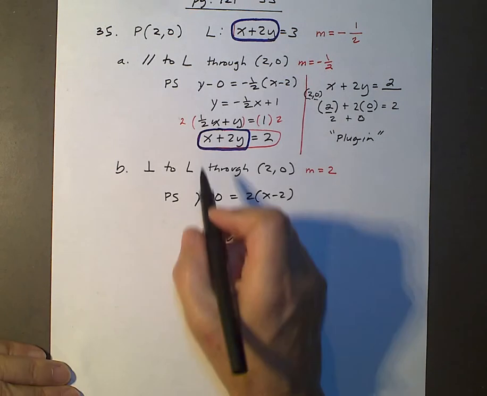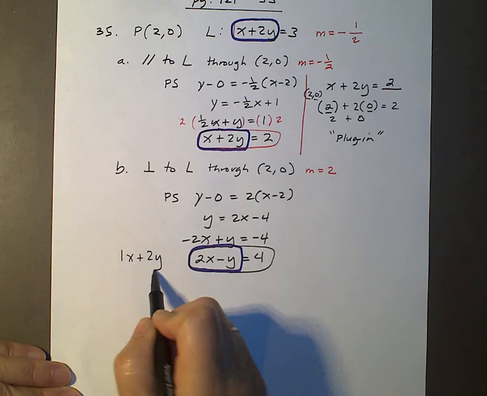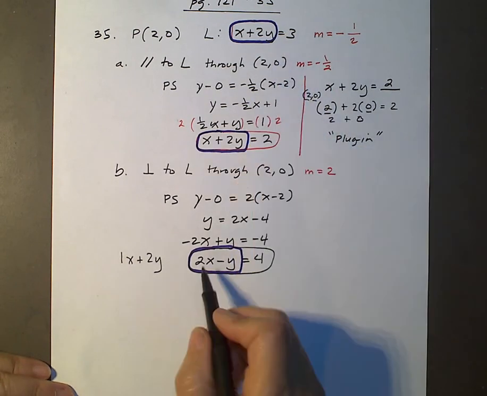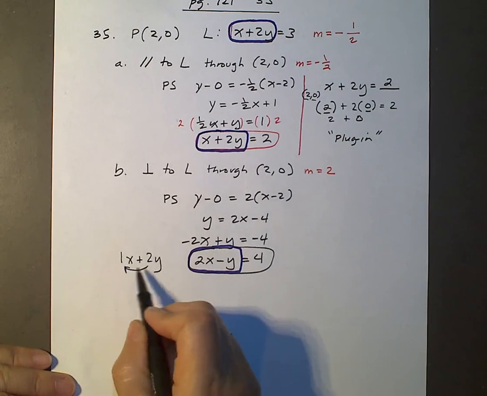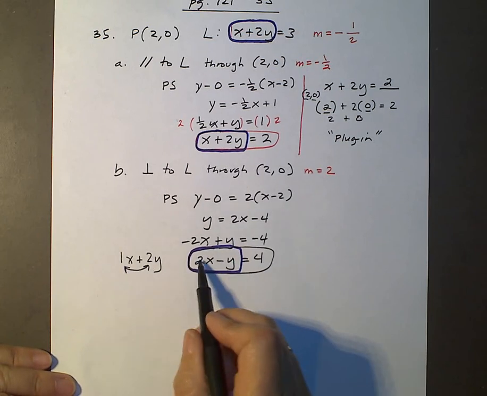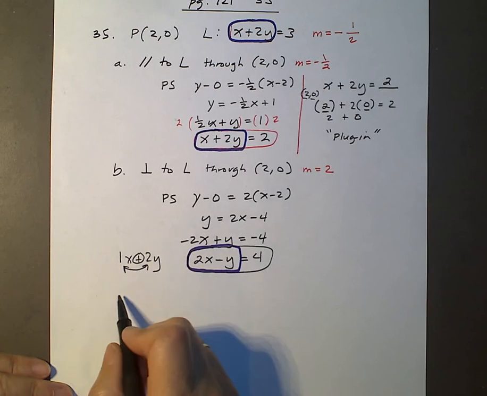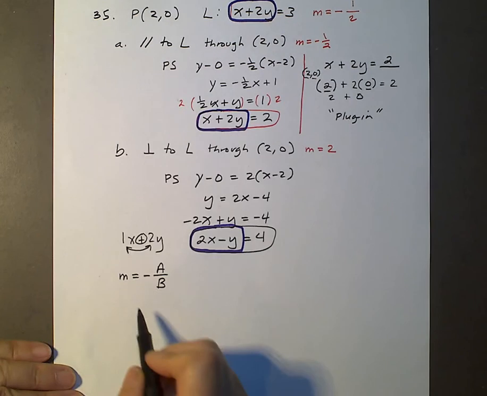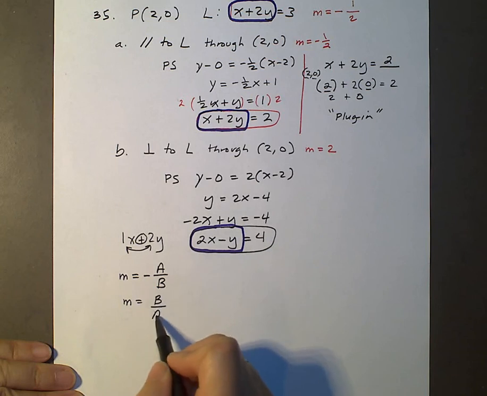Notice here where I had a 1x plus 2y in the original equation, the 1 and the 2 switch places, so I have a 2x and a 1y, and that sign changes, which is the effect of going from a slope that's the opposite of a over b to a slope that's the opposite of the reciprocal of this, which would just be a positive b over a when I'm finding slope.